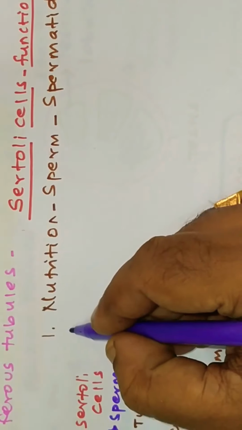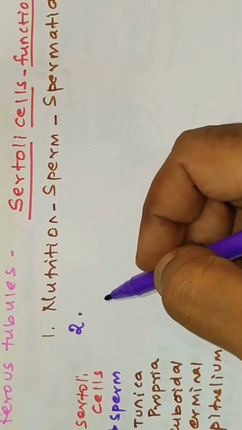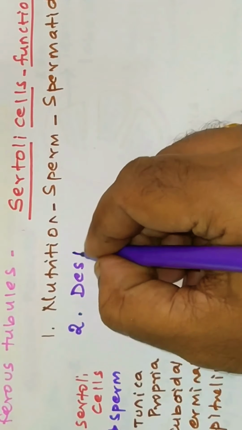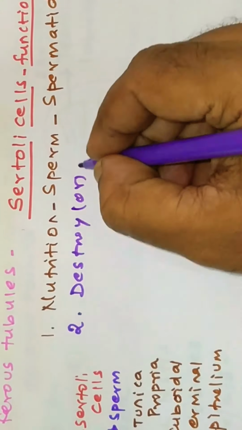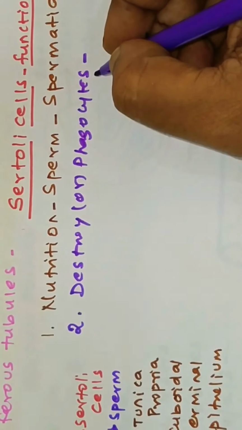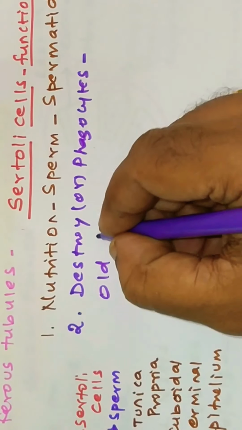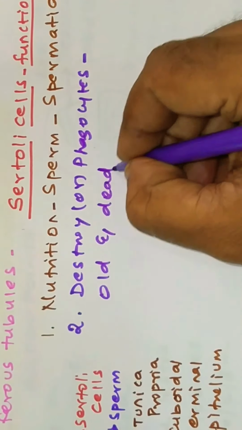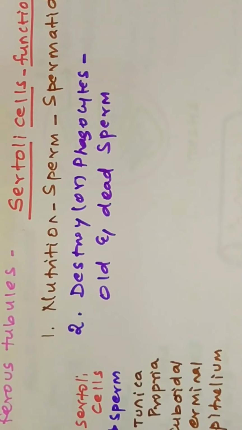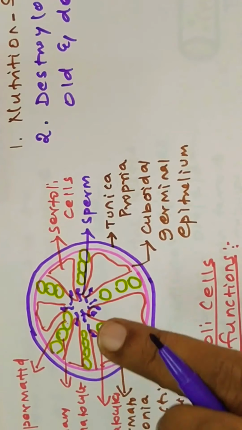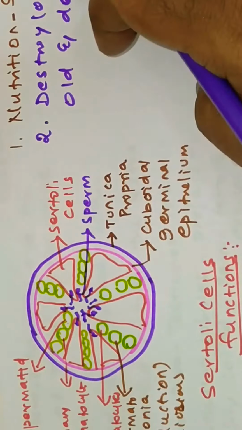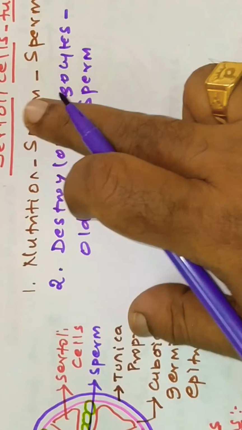The next important function is phagocytosis of old and dead sperm. Suppose within the seminiferous tubules any old or dead spermatozoa are present, they are cleaned up, phagocytosed, or destroyed by the Sertoli cell. It's the second important function.